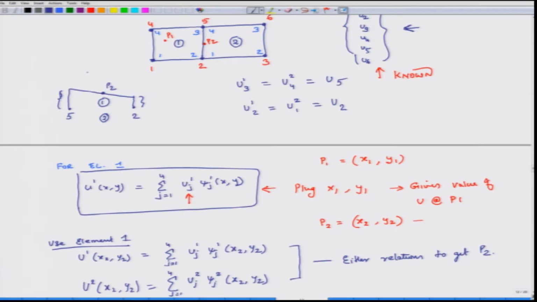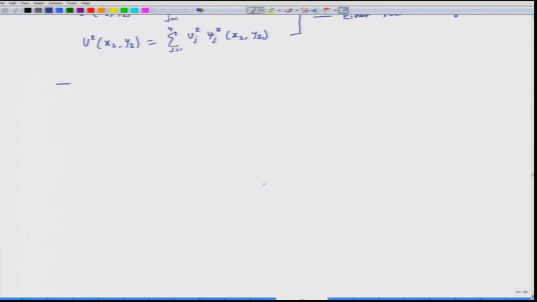Next, we look at derivatives. So, consider element 1. This is element 1, this is element 2. Local nodes are 1, 2, 3, 4, 1, 2, 3, 4.